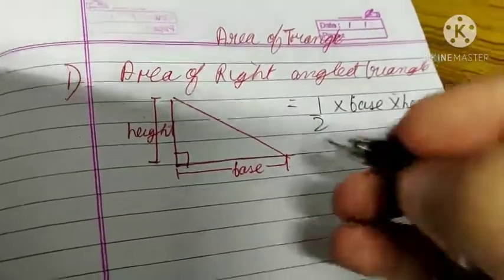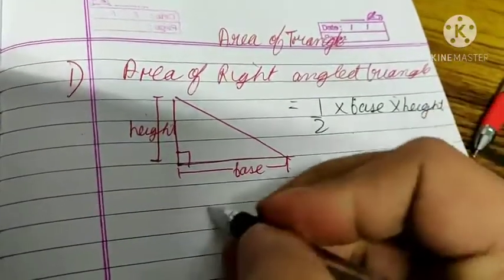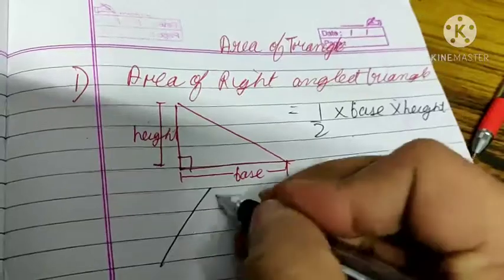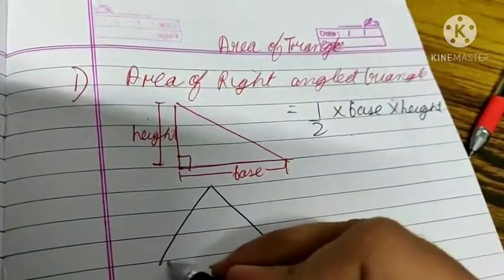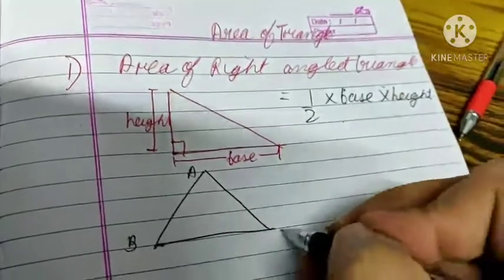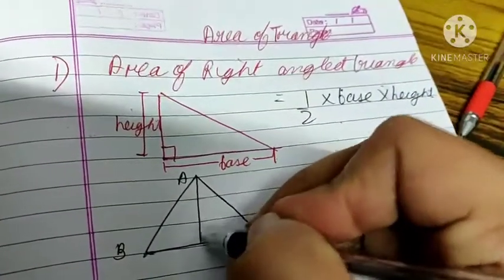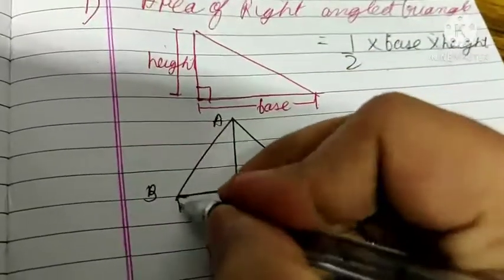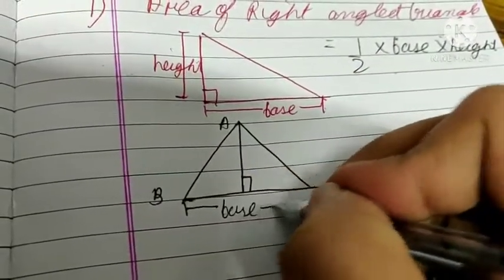It can be made the other way around as well, like this. Here ABC is a triangle and height is this. This is the height and this is the base here.